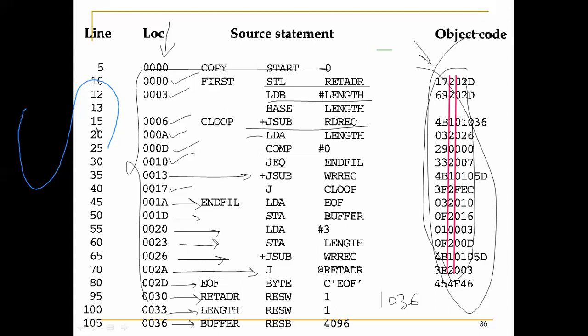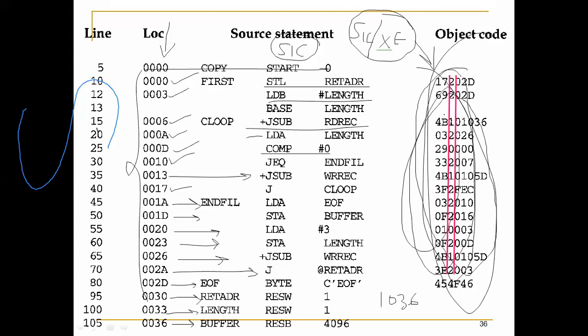Now do not miss this session, because in the examination, nobody is going to ask you the assembly process of the SIC standard model. Okay. So you will always be asked the assembly process of SIC/XE. So this part of how we are getting this object code is going to be very, very important. So do not miss this session.